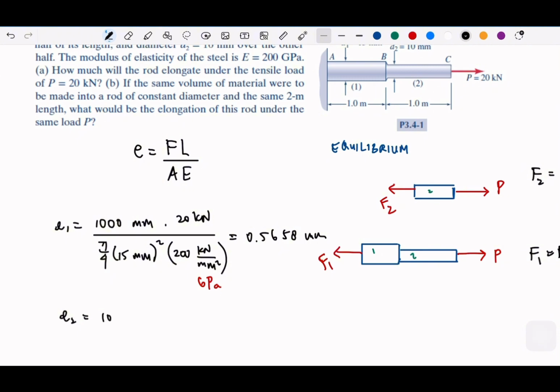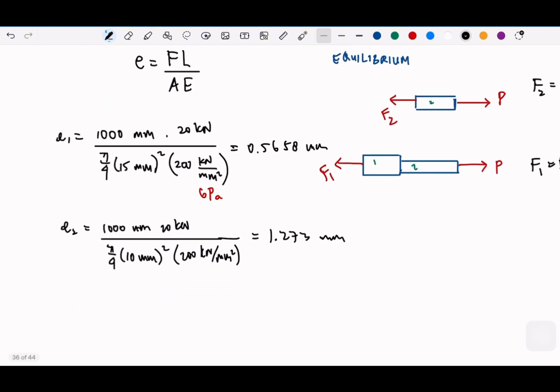Same thing with this, but different diameter. This will be 1.273 millimeter.